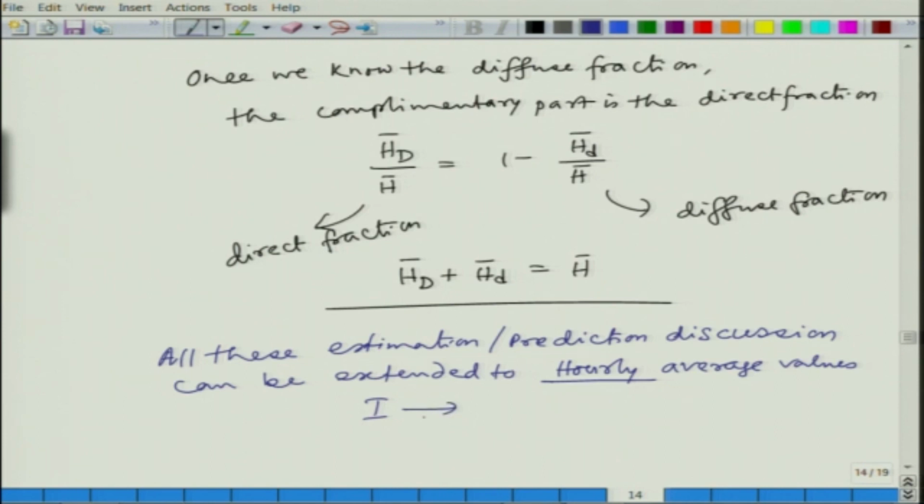I can be confusing with intensity, but here I designates the hourly average and H designates the daily average. So, it is important to connect these two, how I and H are connected.